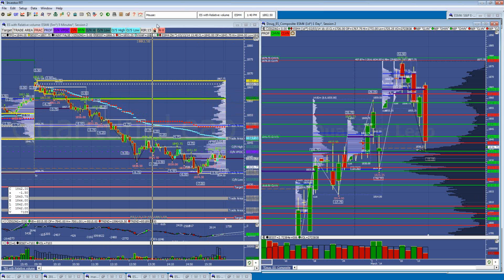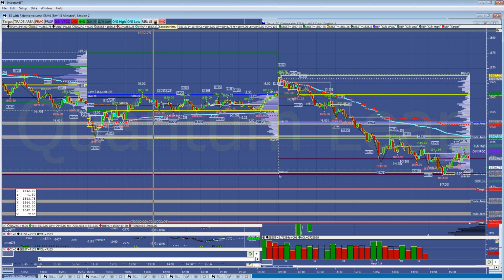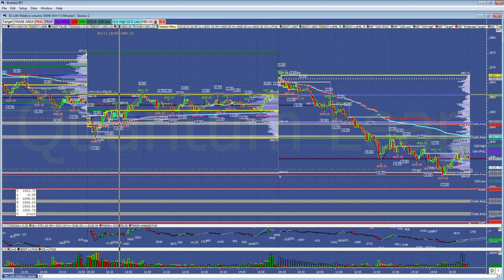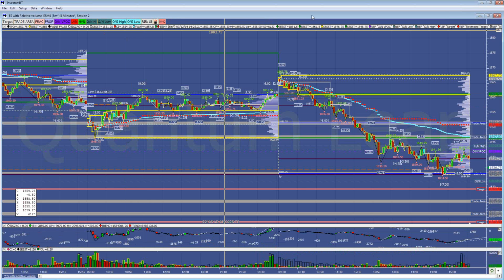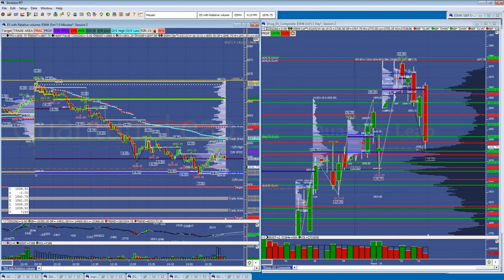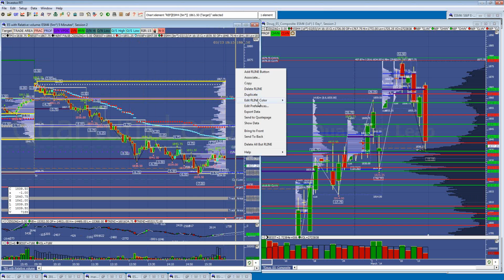What was the value area high? Sorry, it was 61 1/4. So 61 1/4 is the value area high and the range high from the prior day. So this is going to be my extended target to the upside.